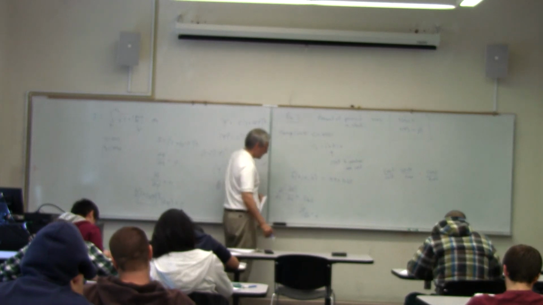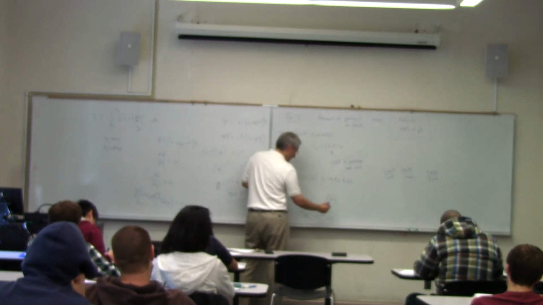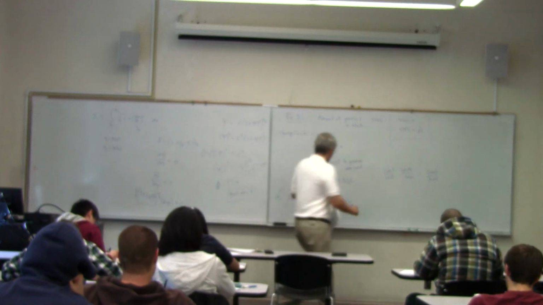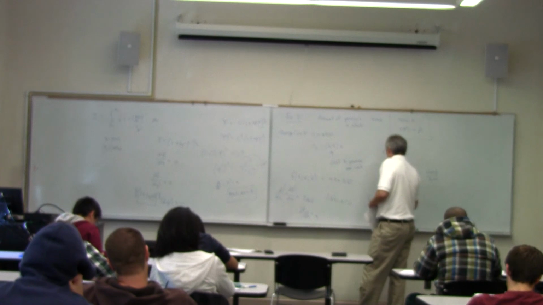And so what we get is that 2b x double dot minus a is equal to 0, or x double dot is equal to a divided by 2b.